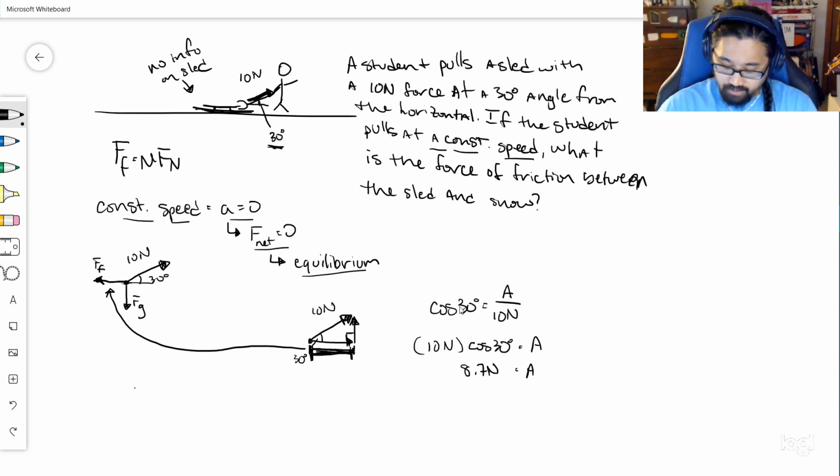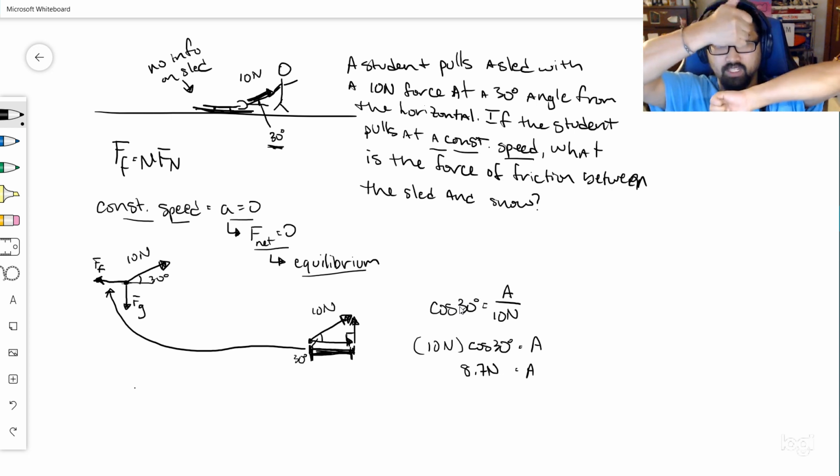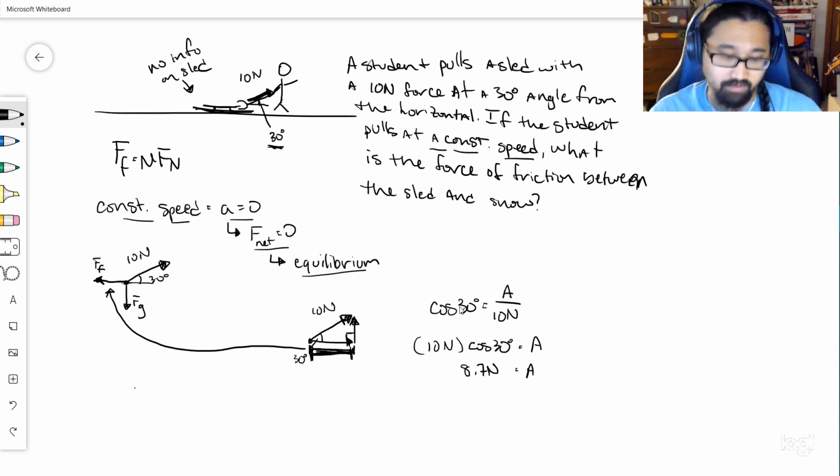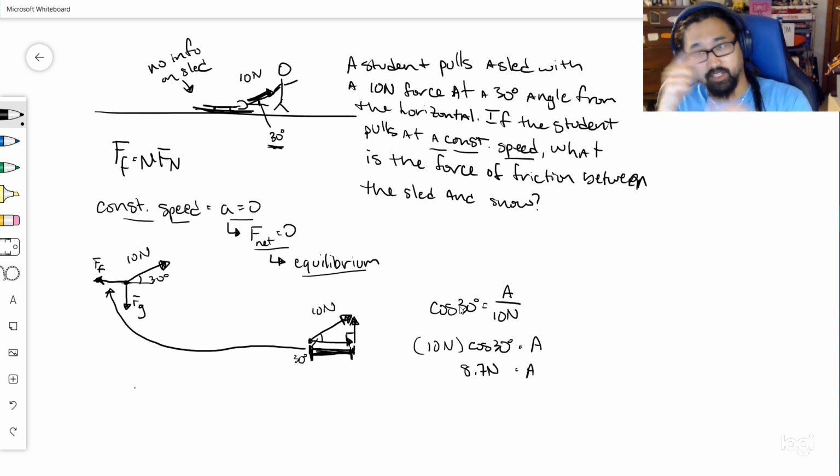Right? I know it's a little weird to think about, but given that equilibrium means all the forces equal 0, all the left-right cancels out, all the up-down cancels out, so if we can't find something in particular, you should be able to find the opposite, and it will help you figure that out.